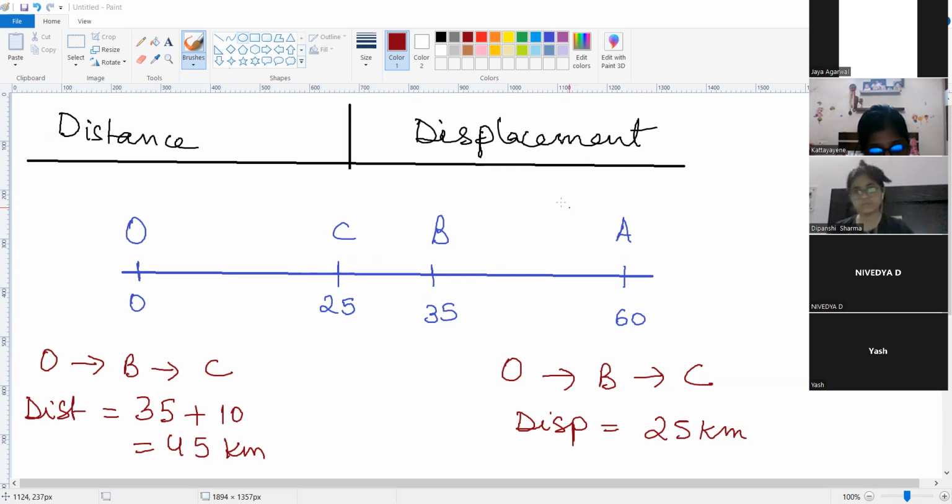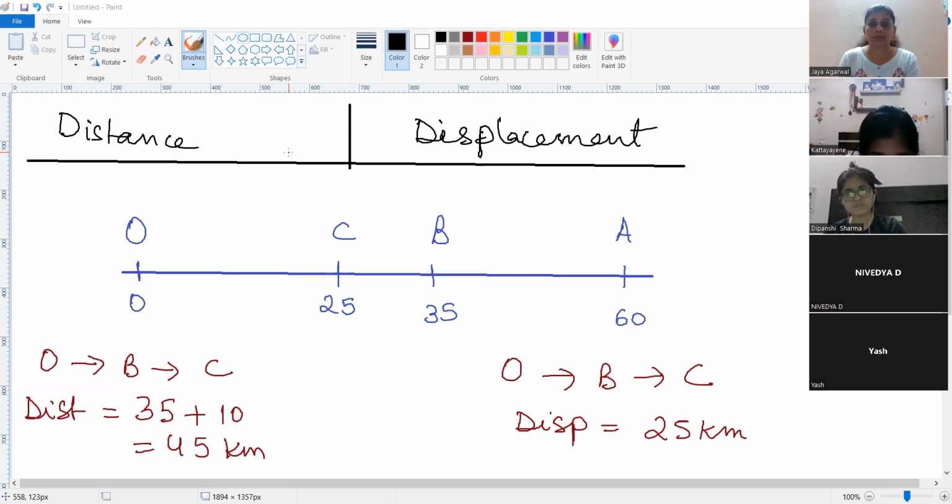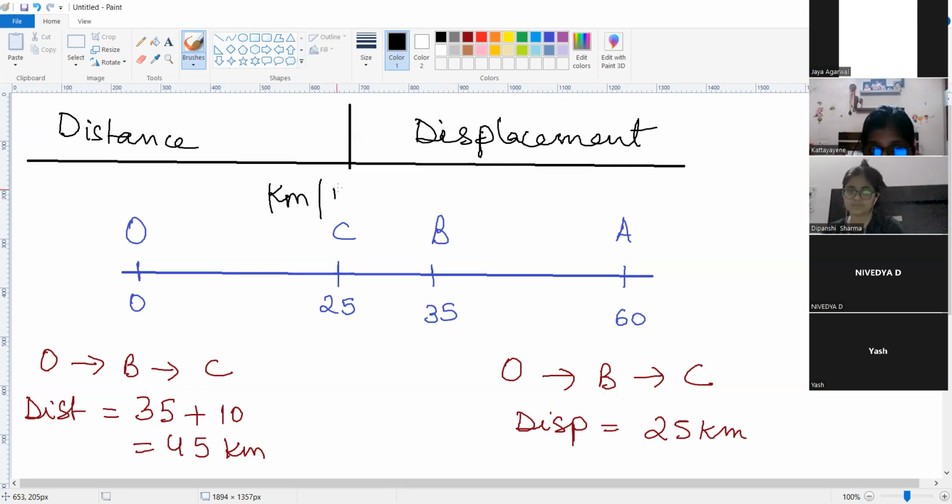Okay. Now, one point of similarity between the two. दोनों के बीच में एक तो similarity है ना? What is it? Ma'am, their unit. Yes, their unit. उनकी SI unit दोनों की same होती है. ठीक है? So kilometer, meter or centimeter, it is the same.